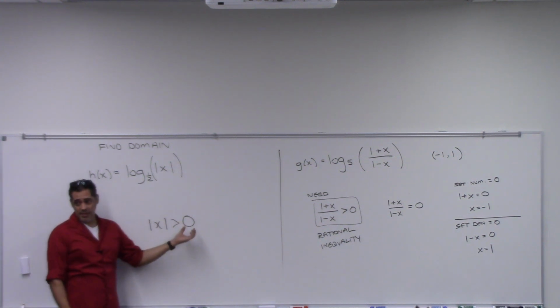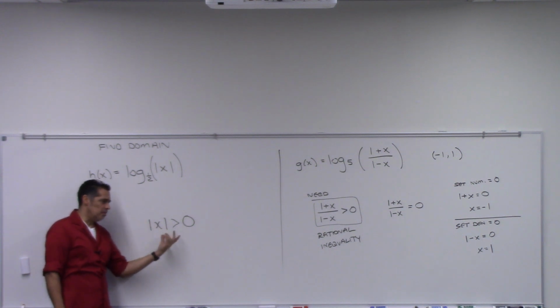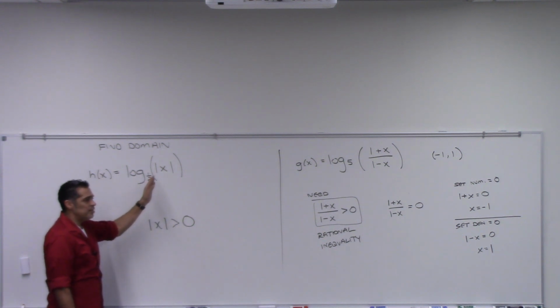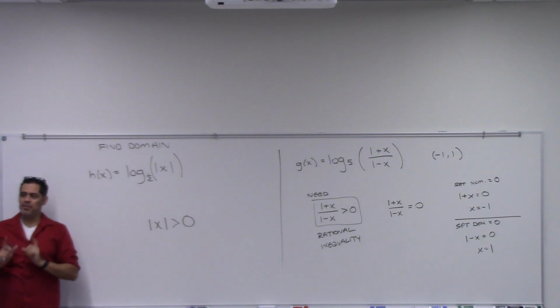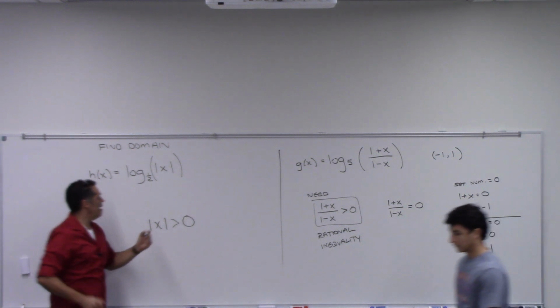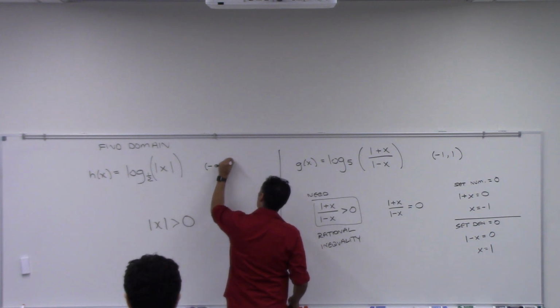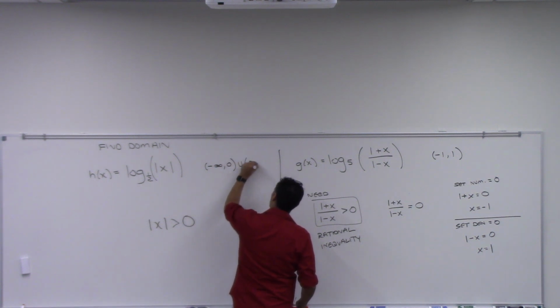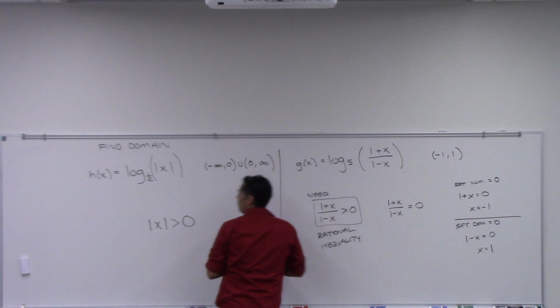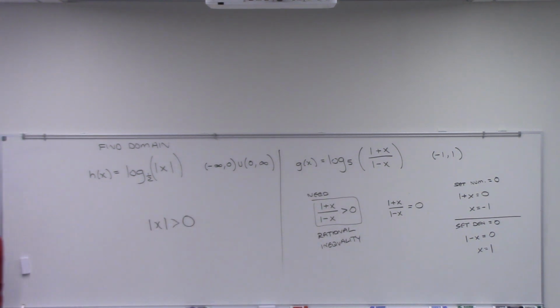And is 0 bigger than 0? No, 0 is 0. So the domain of this should be everything except 0. How do we say that? -infinity to 0, not including 0, union 0 to infinity. I did that just by inspection, just by looking.